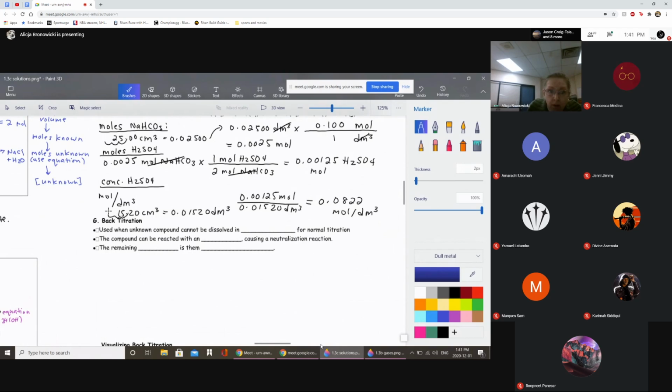Okay, so what is this thing called a back titration? This is used when the unknown compound cannot be dissolved in water. So the compound can be reacted with an acid using a neutralization reaction, and then the remaining acid is then titrated.